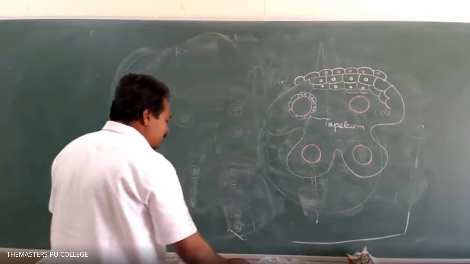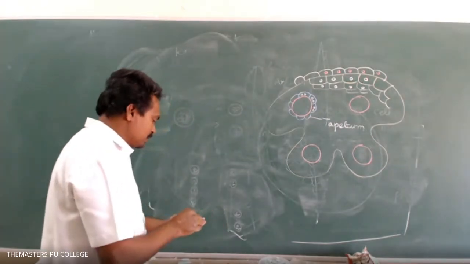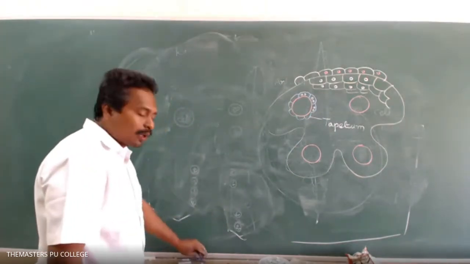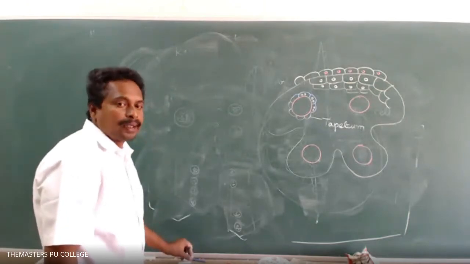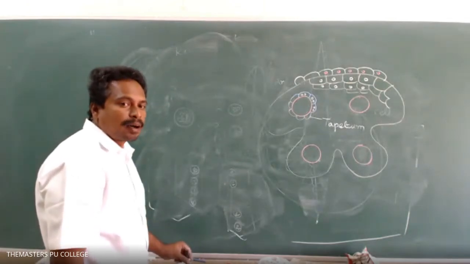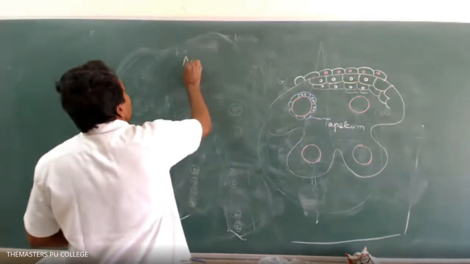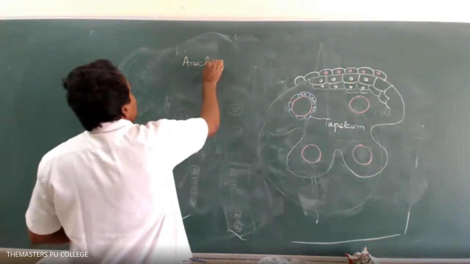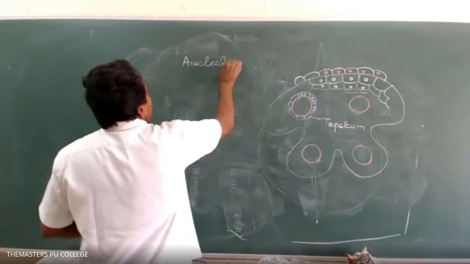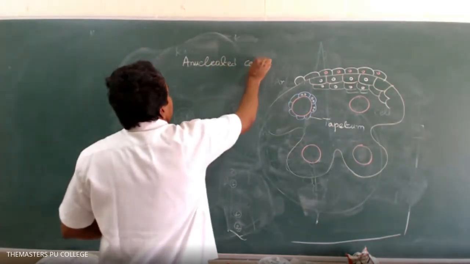Some of the mature cells do not have a nucleus. Such cells are known as enucleated cells.